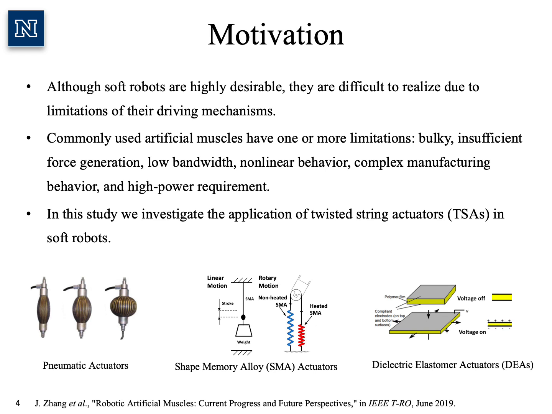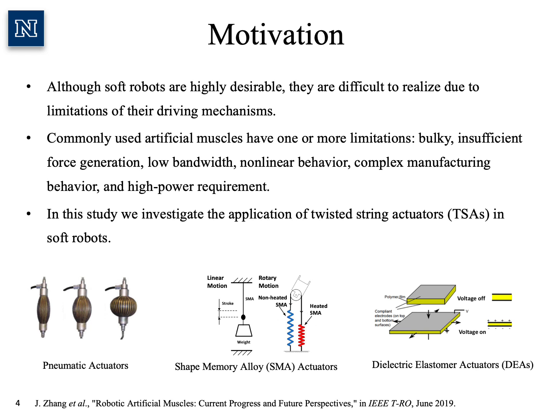Although soft robots are highly desirable, realizing high performance soft robots is challenging. This is mainly because the soft actuators and artificial muscles used to drive them have one or more limitations. For example, while pneumatic actuators exhibit good force and strain outputs, their inclusion means including pumps which could affect the compactness of a system.